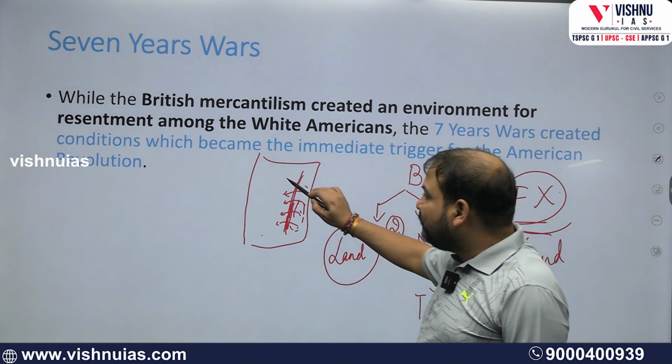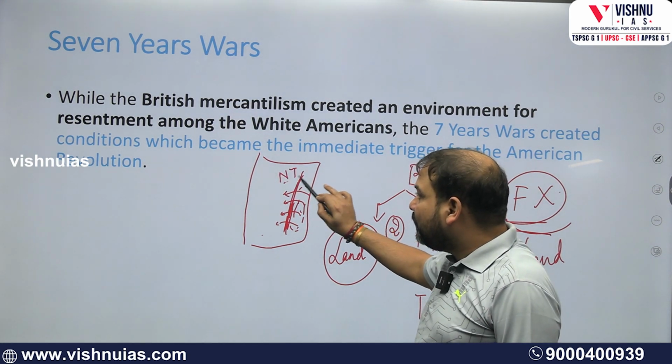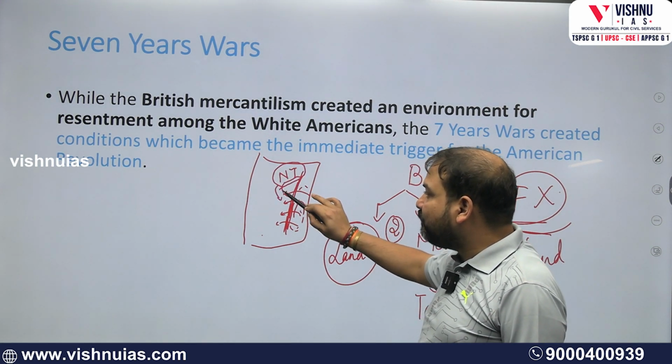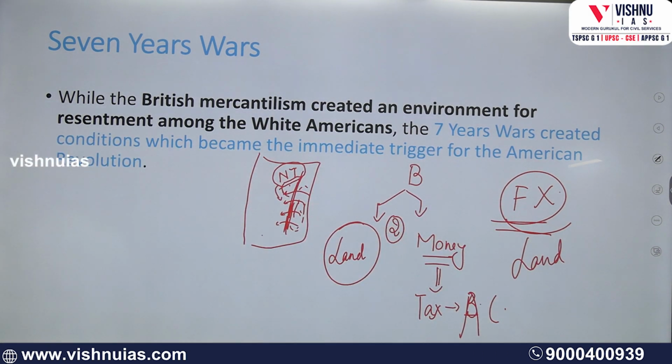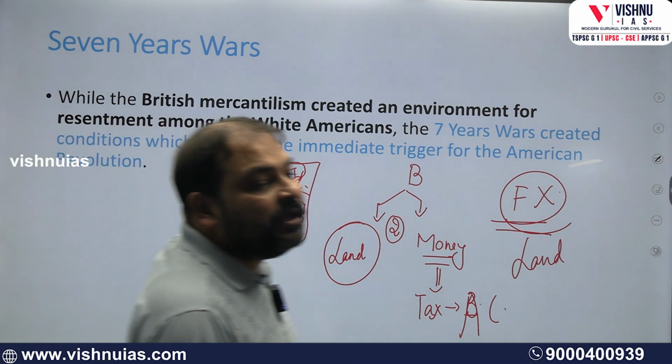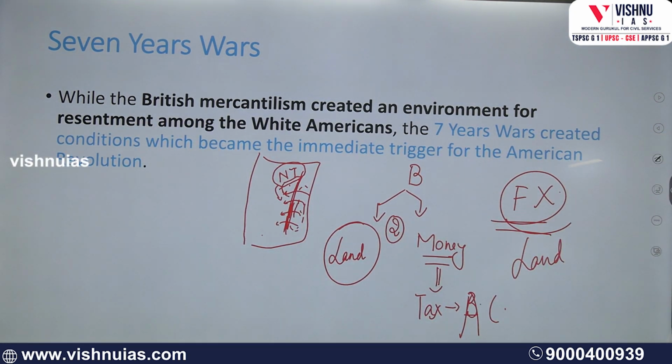But invariably, the native Indians were very, very unhappy with these people. See, native Indians don't have a problem with traders, wool traders, because they would come, buy the wool, go away. But these people have started settling in these areas. That's why you will see that very soon there would be one rebellion here, which is known as Pontiac's Rebellion.